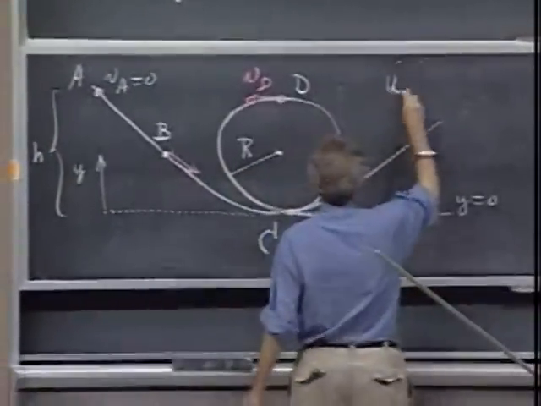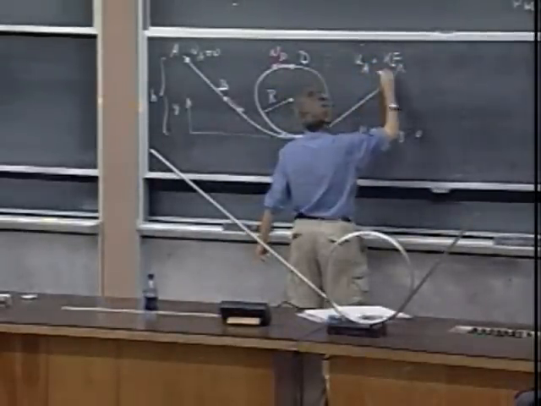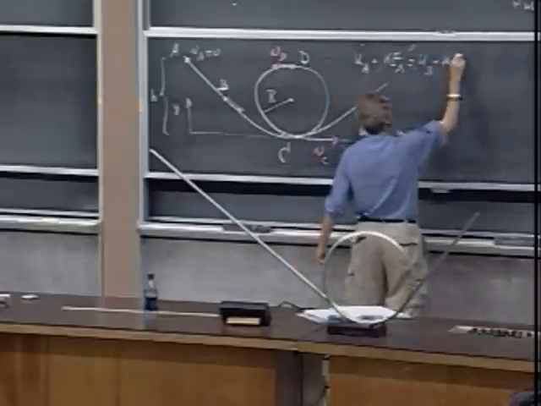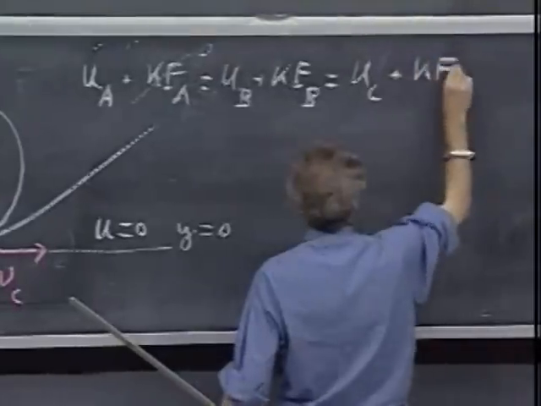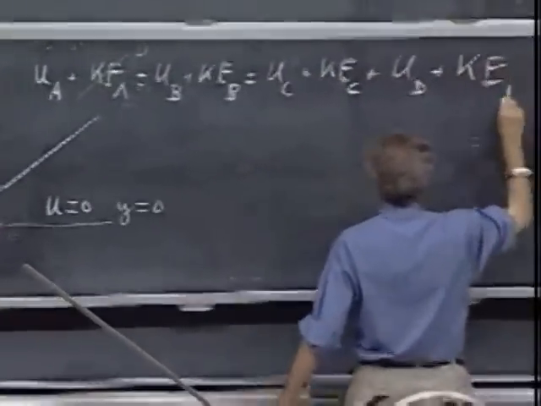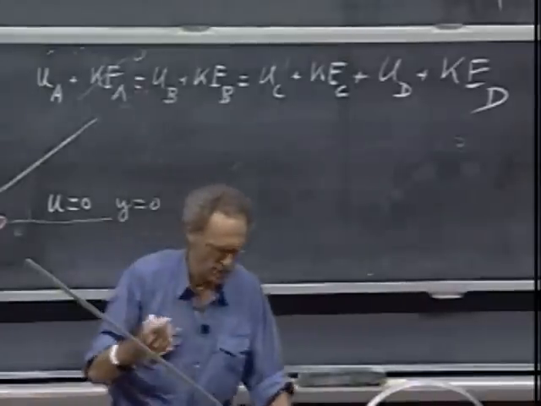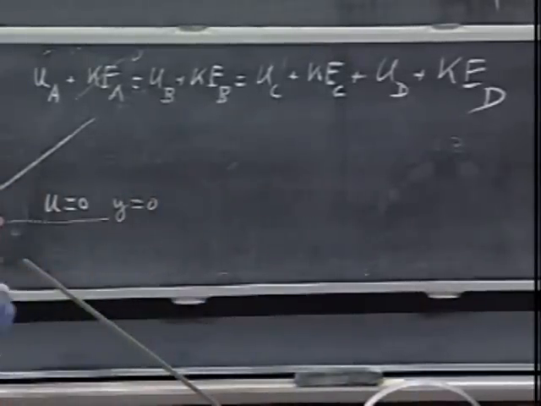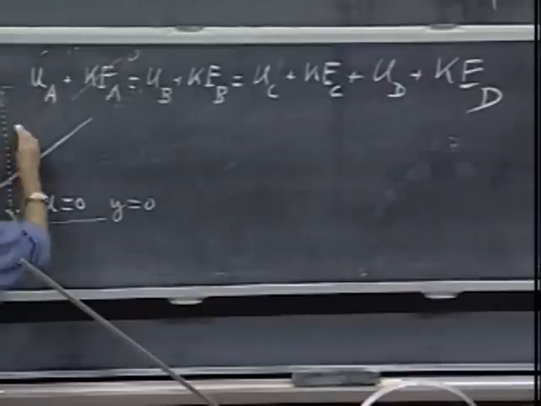So I know that U at A plus the kinetic energy at A, which is 0, must be U at B plus kinetic energy at B, must be U at C plus kinetic energy at C, must be U at D plus kinetic energy at D, if there is no friction, if there are no other forces, only gravity. So no energy is lost in terms of friction. We know that this height difference is 2r.